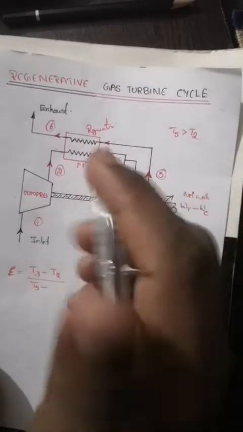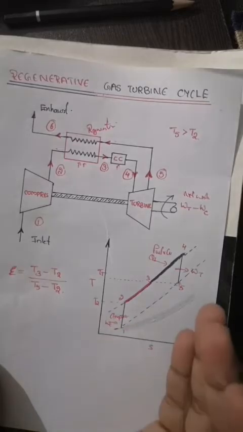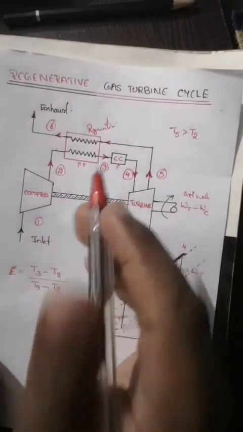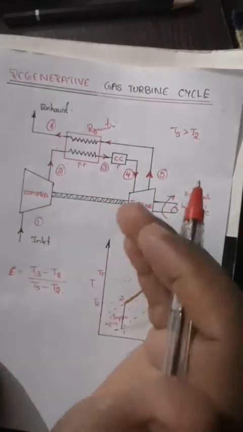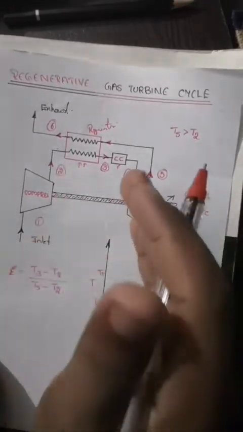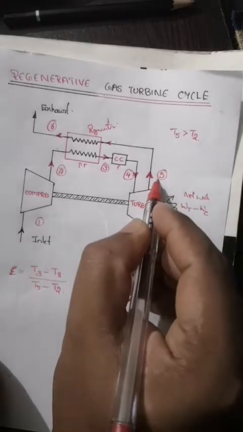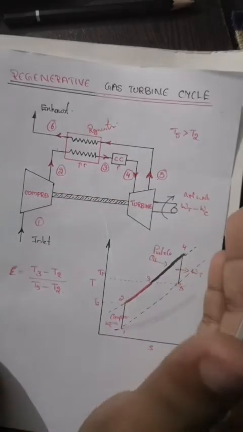The lowest temperature available in this process is again T2. That means the amount of energy which we have actually added in the regenerator is T3 minus T2, but the amount of energy which was available was T5 minus T2.